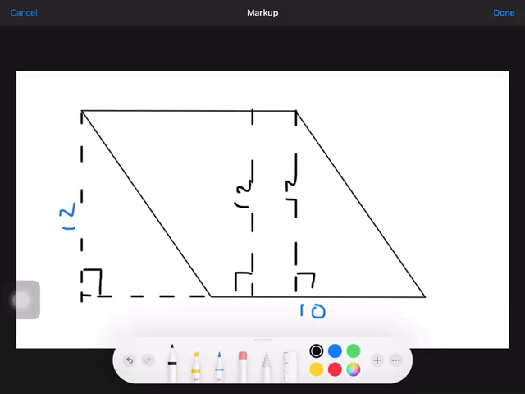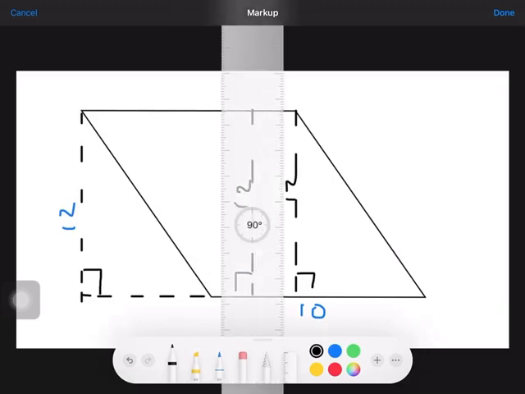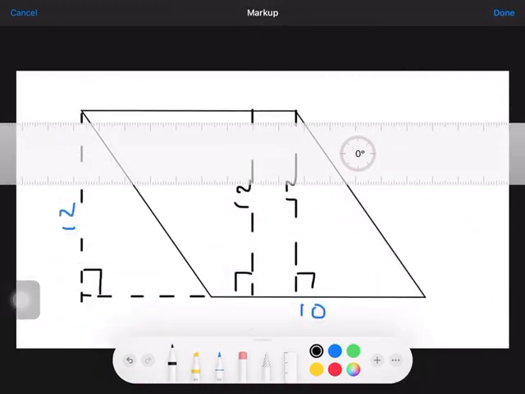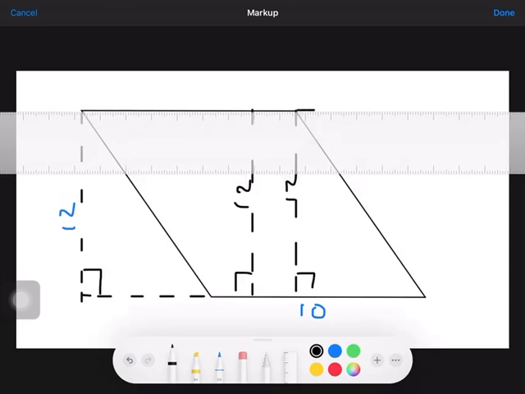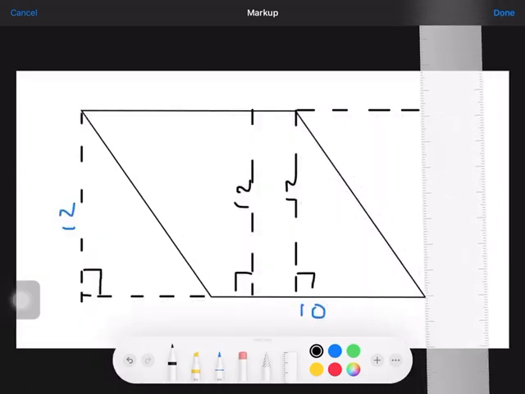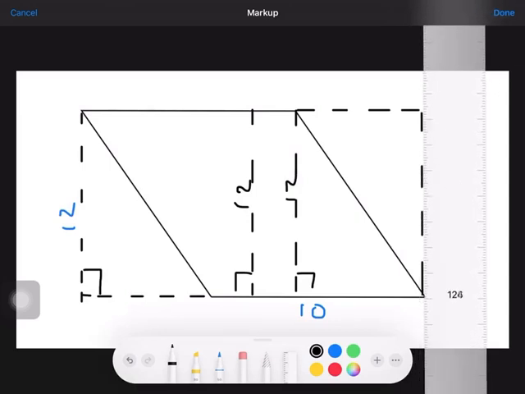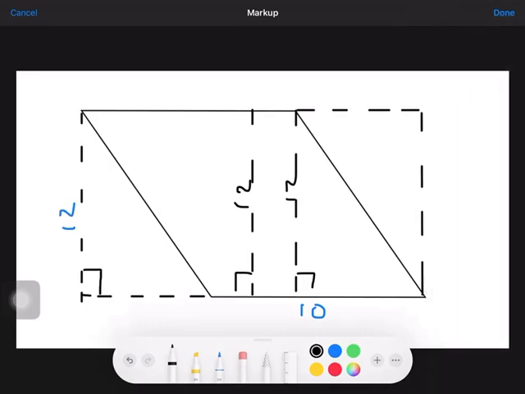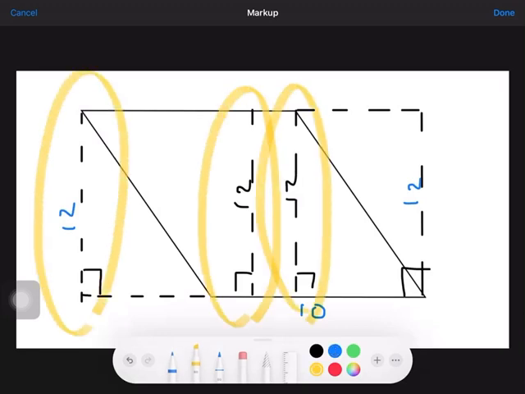I could also do it on this side, and it would still work. Because the distance on all of these lines that I just talked about has the same value.